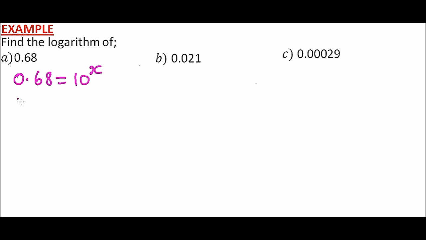So we write this in standard form. So 0.68 is equals to 6.8. Move the decimal point to the right one step. Multiply by now 10 to power minus 1.